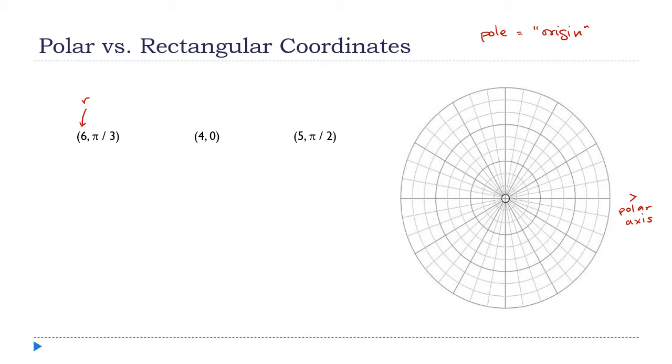So to find my point, I'm going to go 6 units out: 1, 2, 3, 4, 5, 6. So that's right here. And then I'm going to go pi over 3 units around.